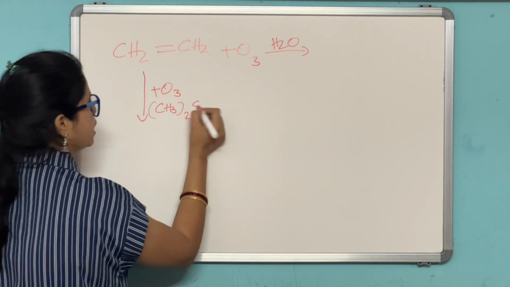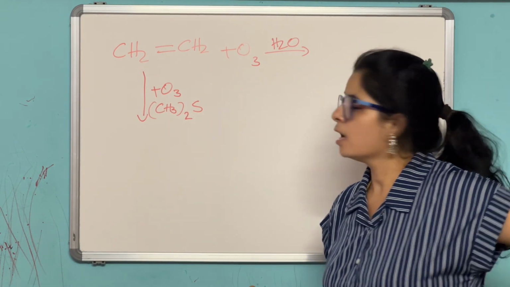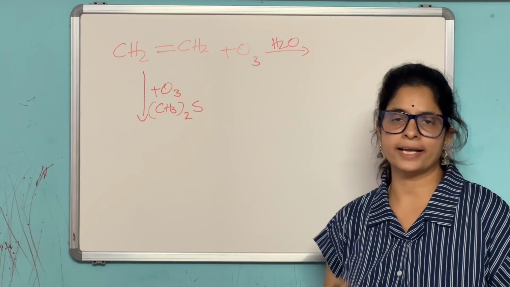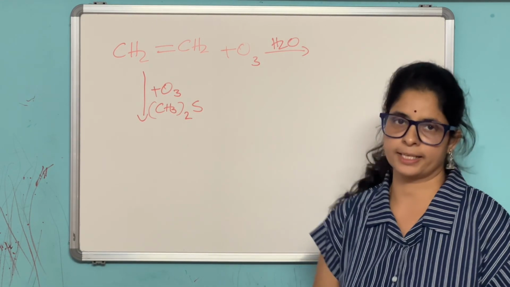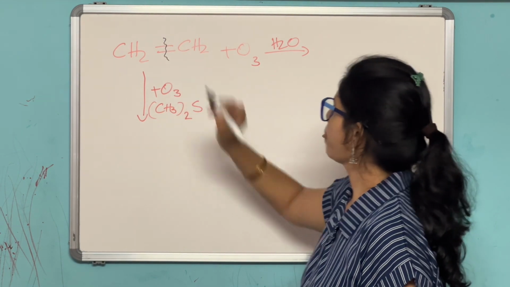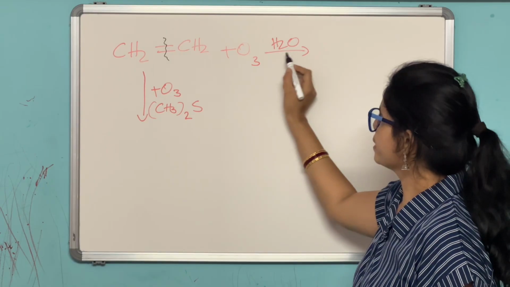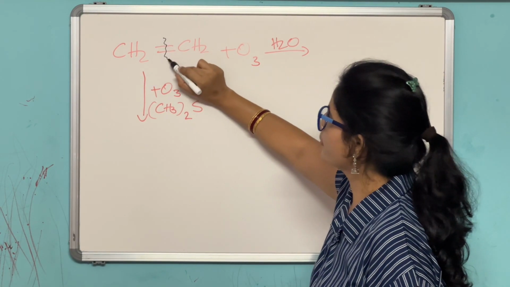We'll discuss what the reagents are in these two cases. So first, without writing the ozonide, I'll tell you how to write the products of ozonolysis of an alkene. Under these conditions you are breaking this double bond, no?